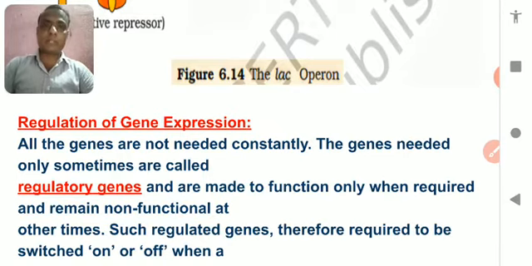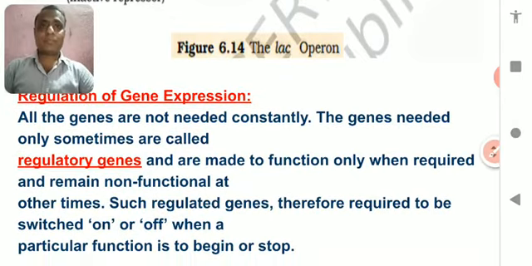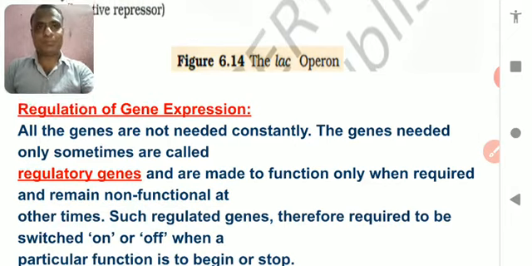A particular gene acts at a particular time, according to need, and produces a particular kind of protein. They do not always need to produce it, because these proteins are not required to be produced every time. Understood?